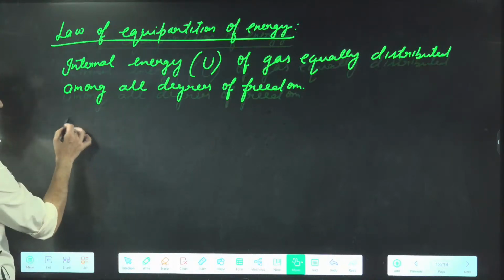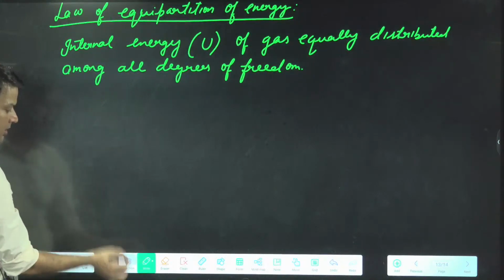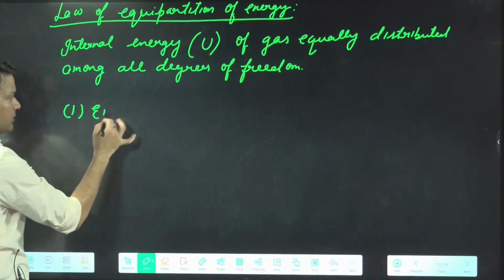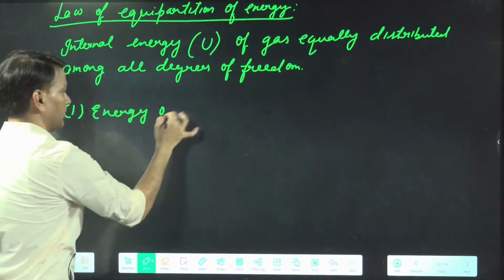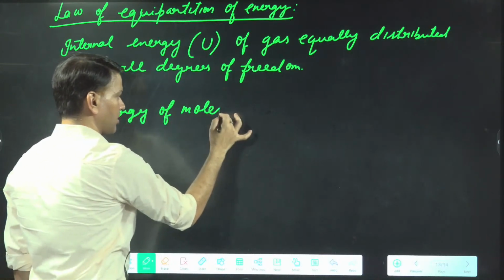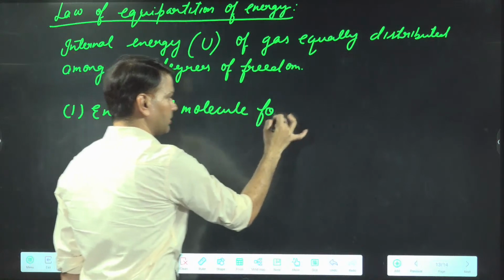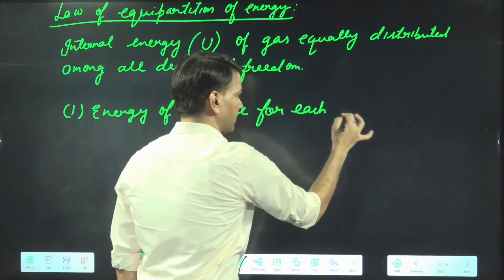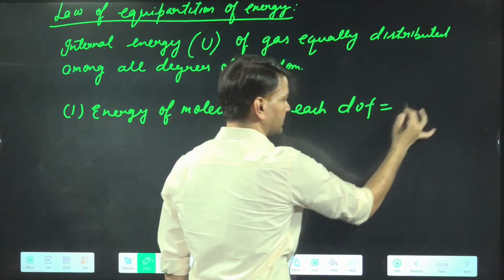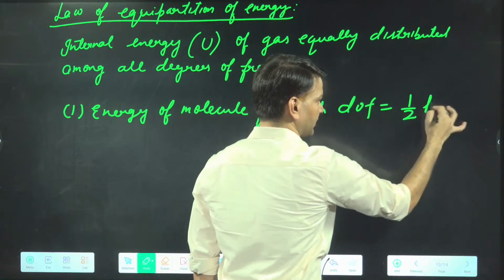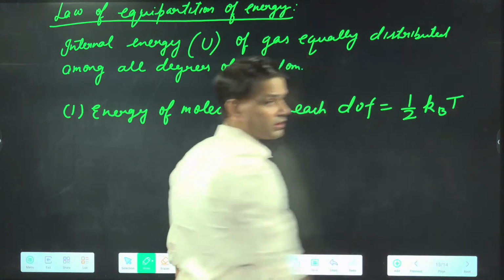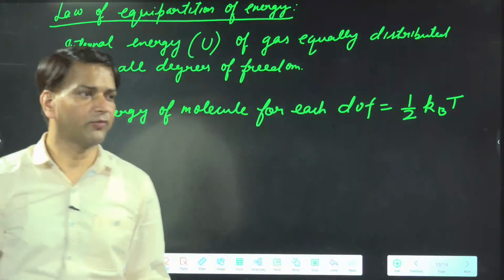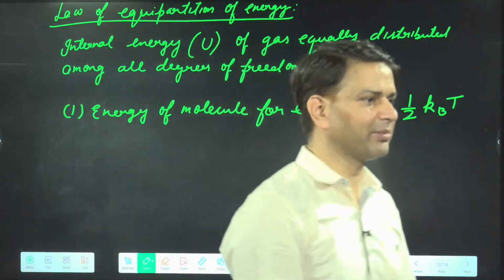So we can say the energy of a molecule for each degree of freedom is equal to 1 by 2 kB into T. For each degree of freedom, 1 by 2 kB T.